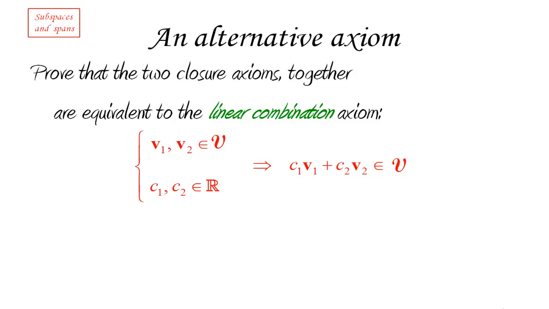Now remember, the two closure axioms are very, very important, not only because they're two of the 10 axioms, but because by themselves they tell us information about subspaces and the relationship between the initial vectors, the ones that we start from, and what we come up with from the operations.